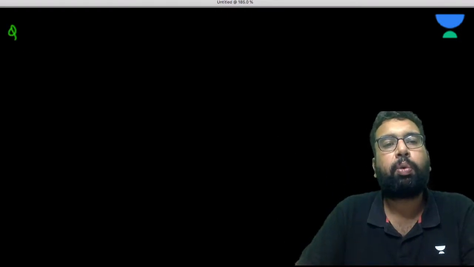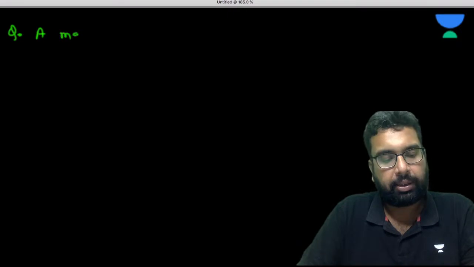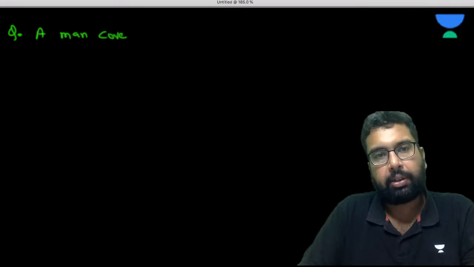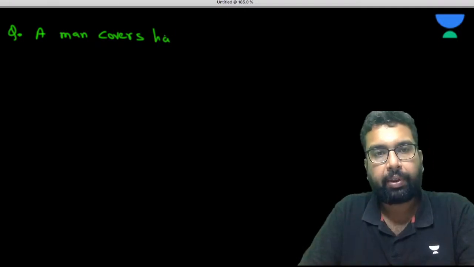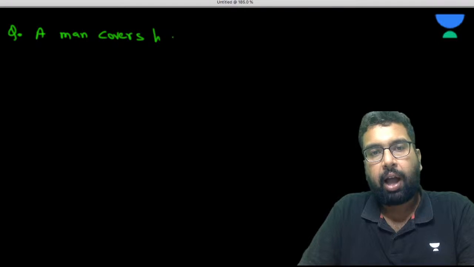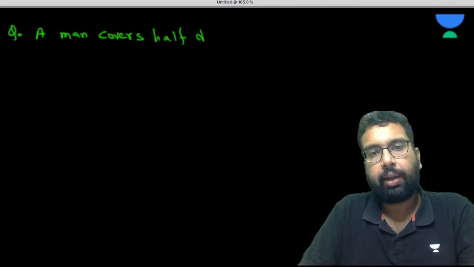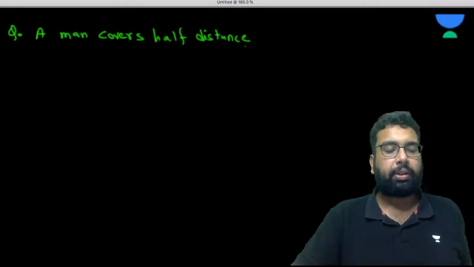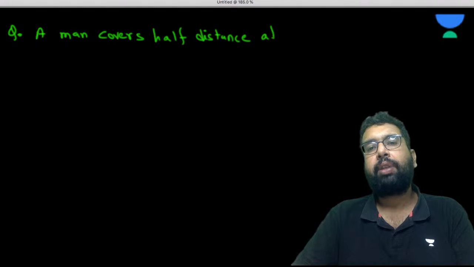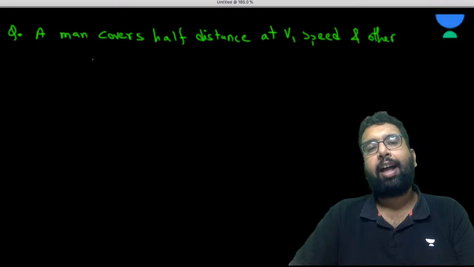Many questions are like this, like when someone has moved half the distance and the remaining half. So if I quote one more question: a man covers half distance at v1 speed, and the other half at v2 speed.